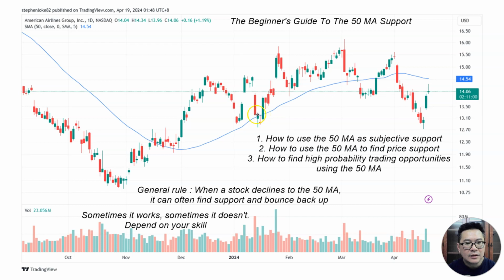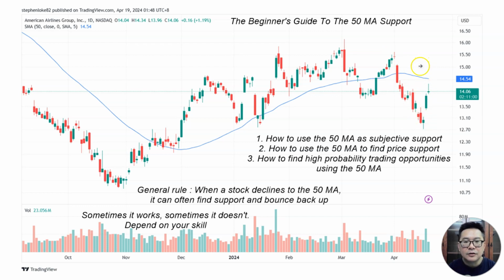Now, however, sometimes it works and sometimes it doesn't. So it depends really on your skill and your expertise level. For example, here it corrected, found support a bit and then declined, only to move back up. And here it declined and did not find support but corrected all the way down here.